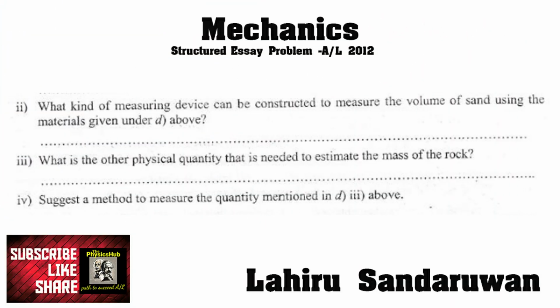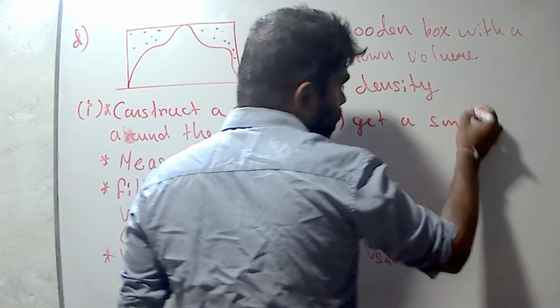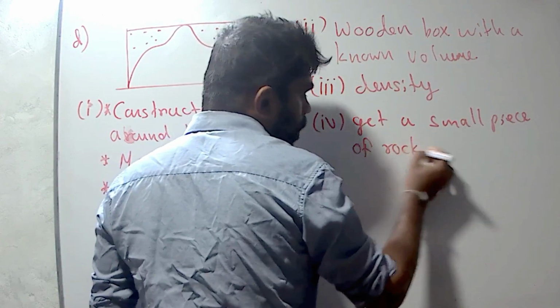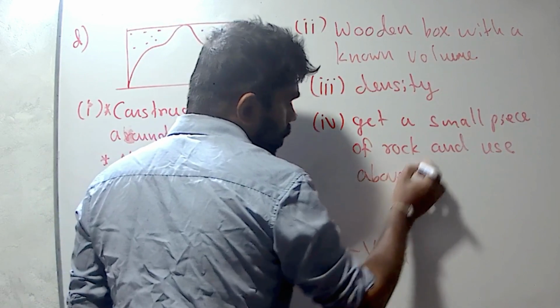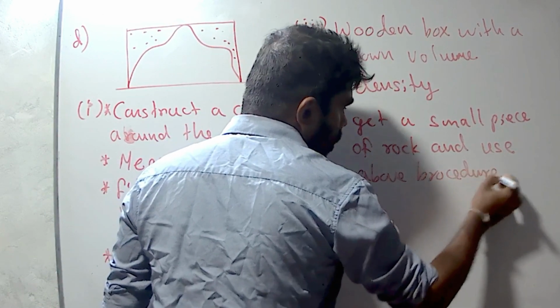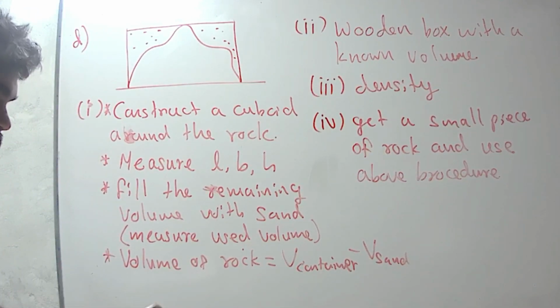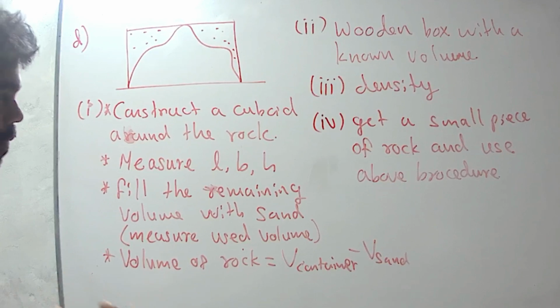Then part 4, suggest a method to measure the quantity in D3 above. It means density. We can get a small piece of rock and use the above procedure. The above procedure means we have to place it in a container, fill the remaining part with water, and find the volume.